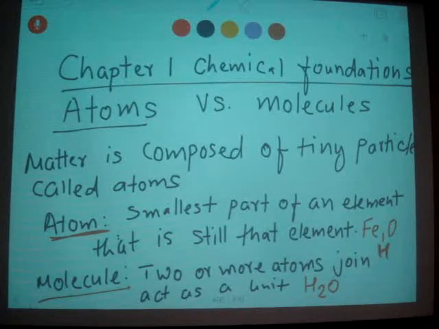So, now we need to try to understand what chemistry is, what the challenging part of chemistry is.